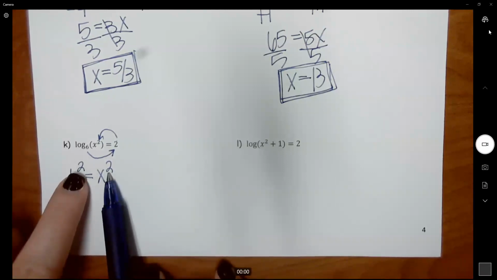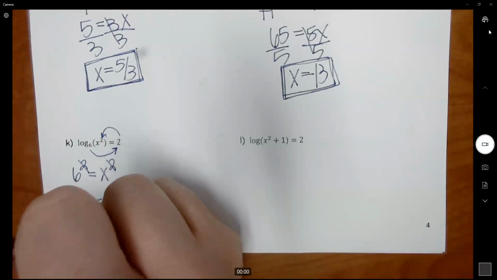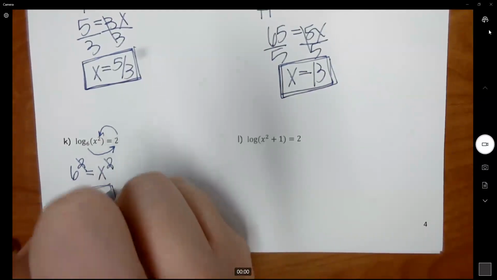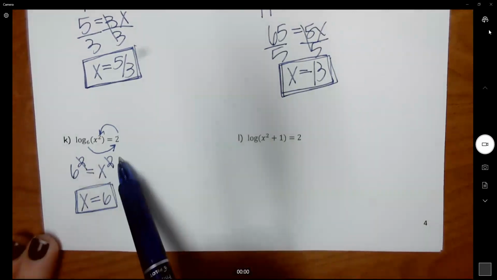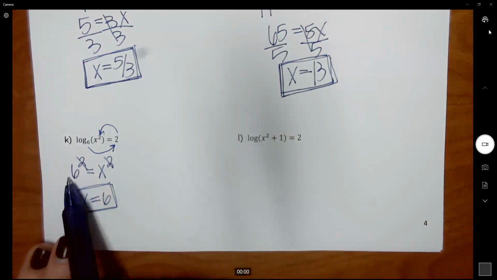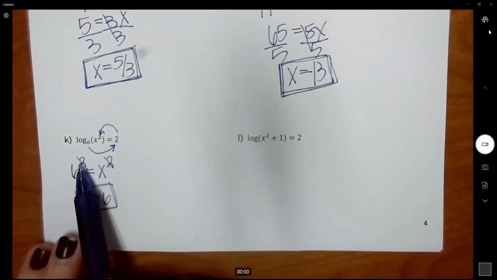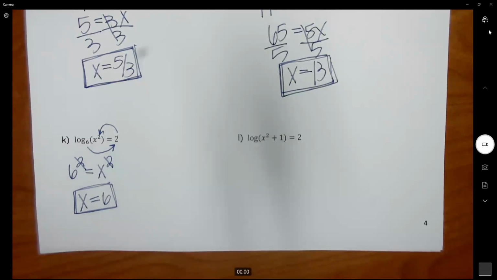If my exponents are the same, cancel, and x equals 6. So then you got 6 squared equals 6 squared. So that one's really easy. You can also go forward. 6 squared is 36, and when you take the square root of 36, you get 6.